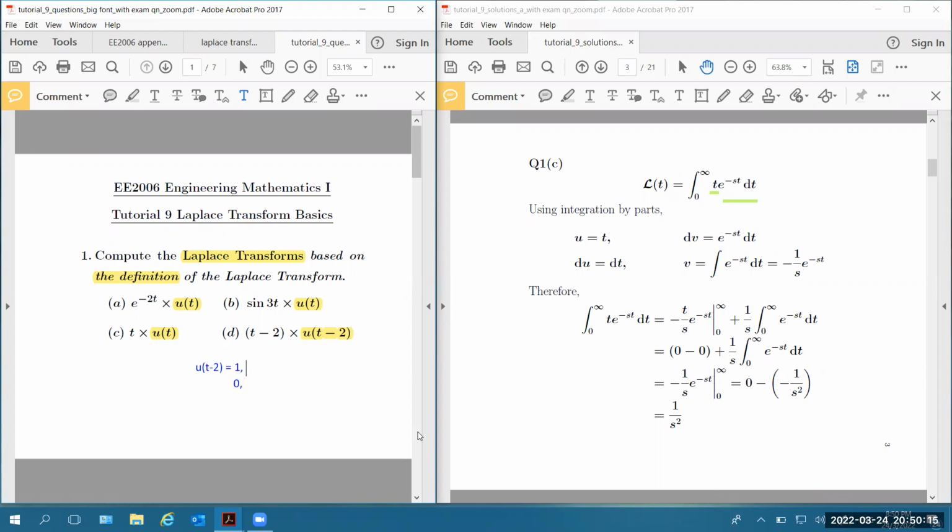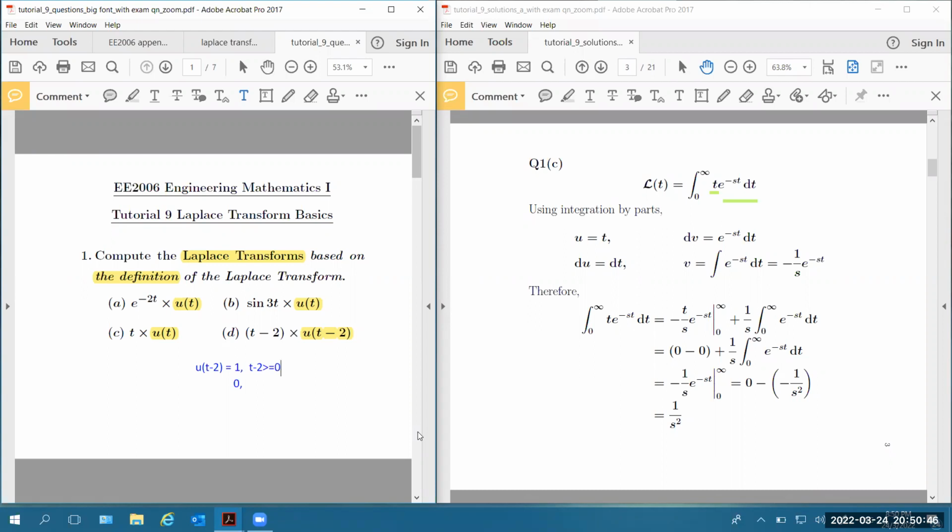For what range of t? Yeah, class, any idea? Actually, it's for t minus 2 greater or equal to 0.